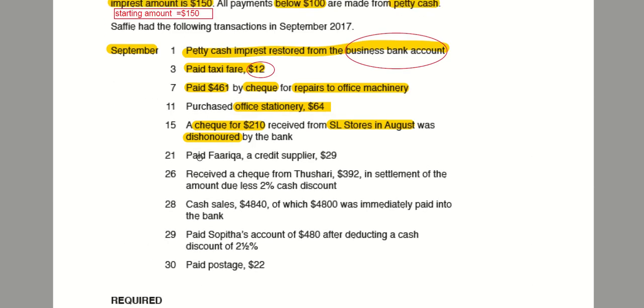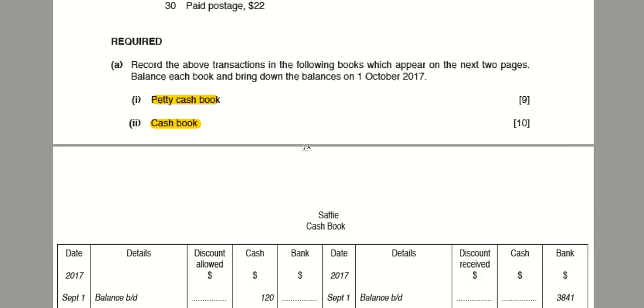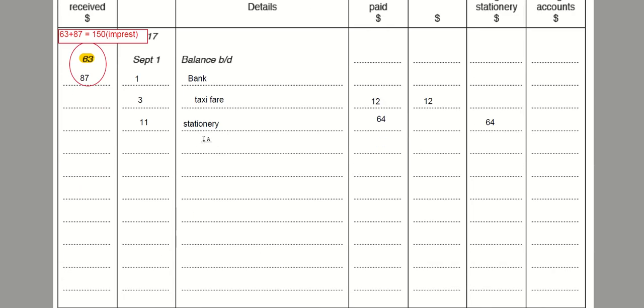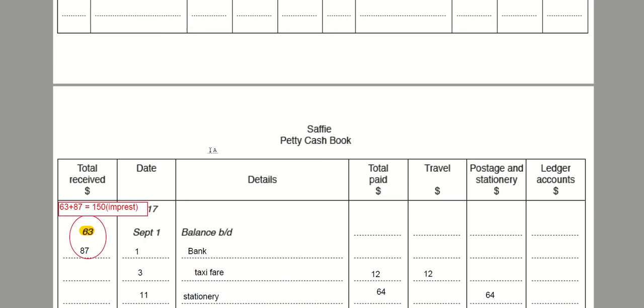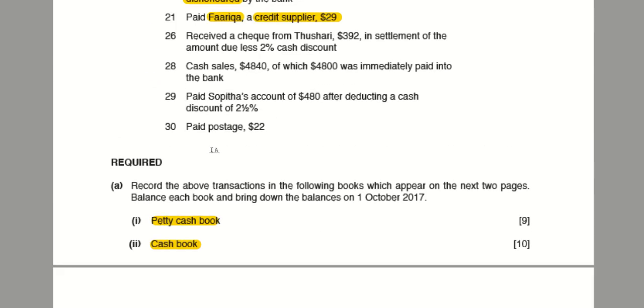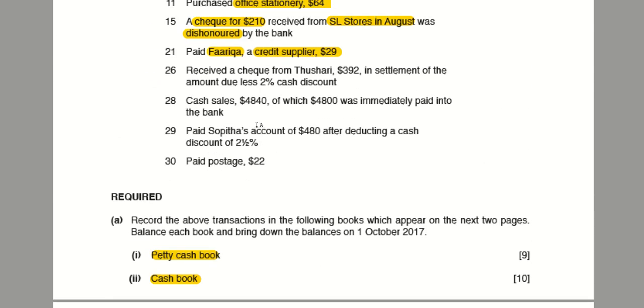On the 21st, you are paying a supplier, but the amount paid is less than 100, so you're only paying 29, so it will go in the petty cash book on the 21st. So you go to the petty cash book and we'll write the name of the supplier you paid the money to. We'll just double check the name and the other details.